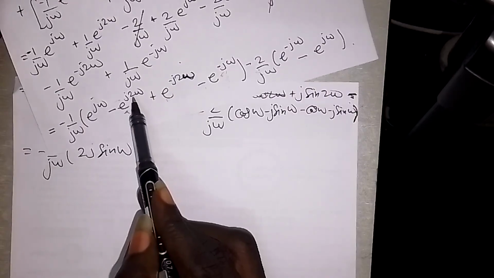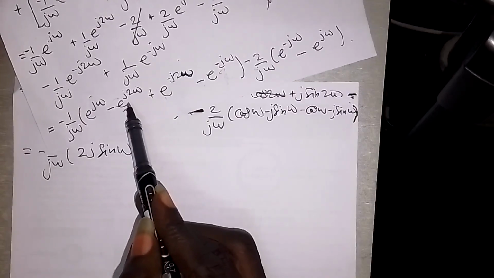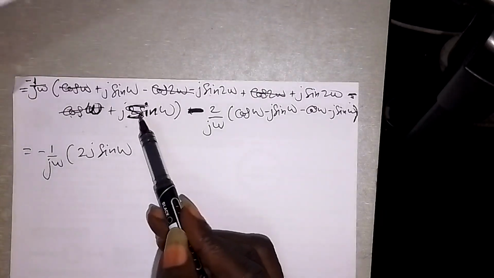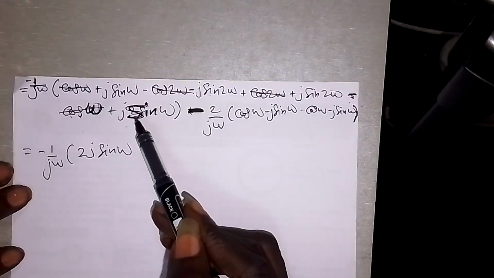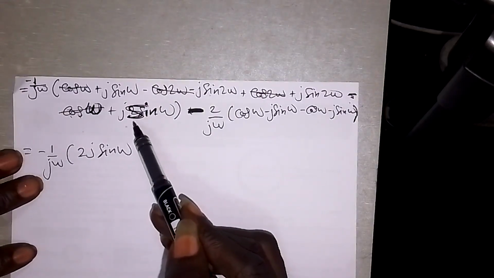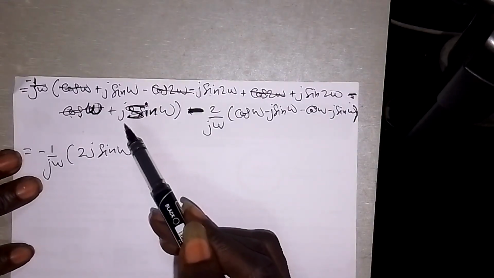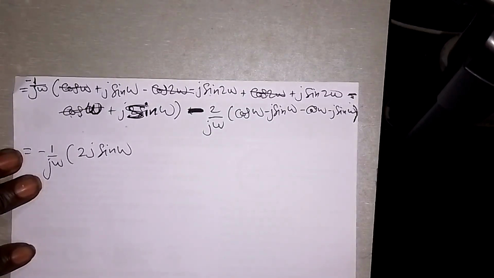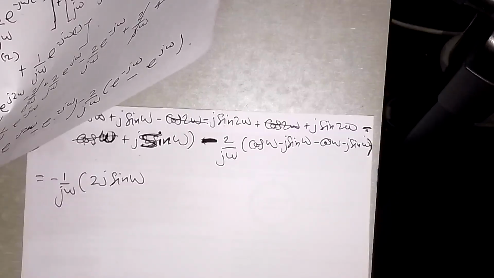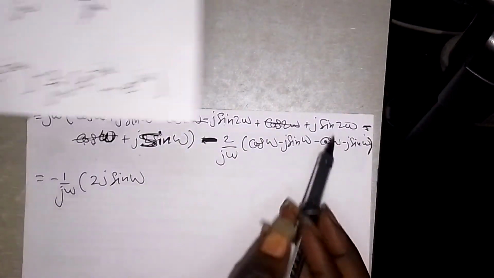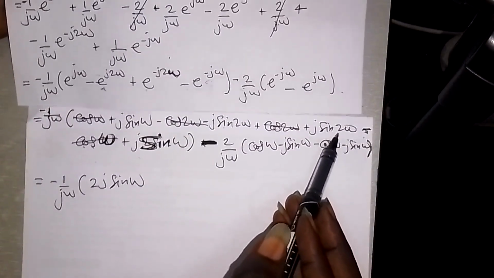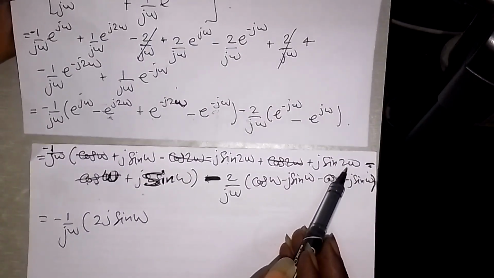But what happens to your j and your cos? Let's look at them. Please let's consider this one. Where am I getting this one from?